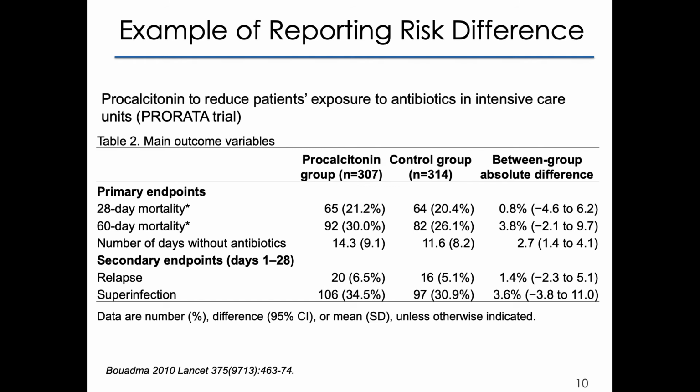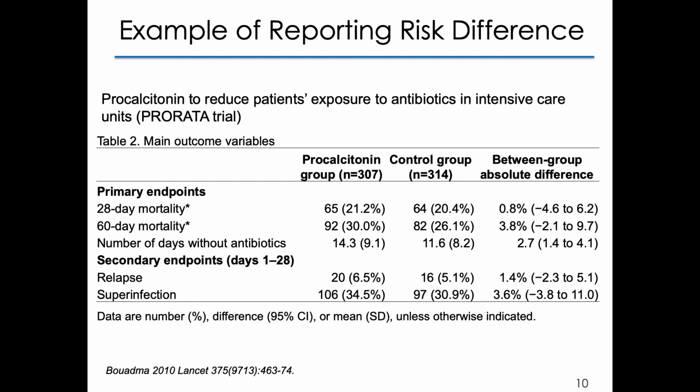So let's look at the first row: 28-day mortality in the procalcitonin group, 65 deaths out of 307 in that group. So the risk was 21% mortality. The control group, 64 deaths out of 314. So the risk was 20.4% of mortality in that group.